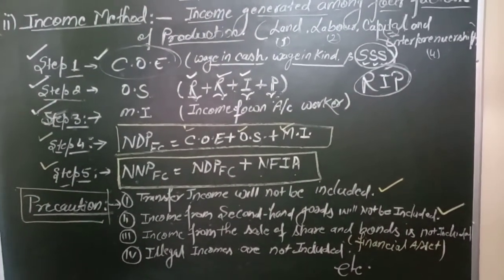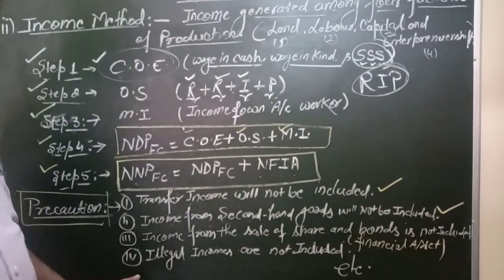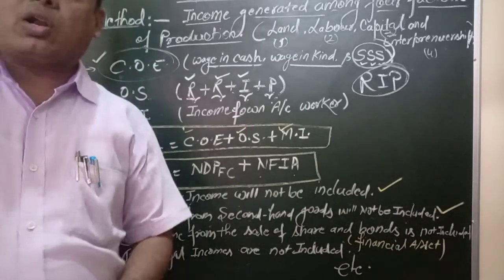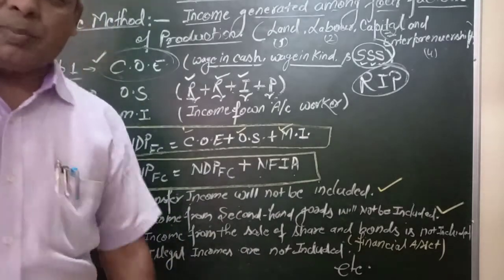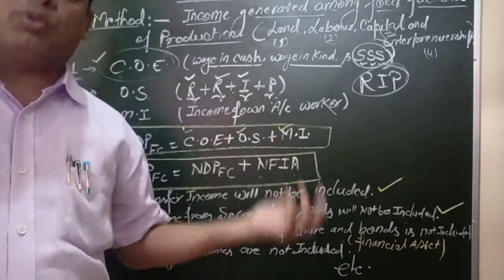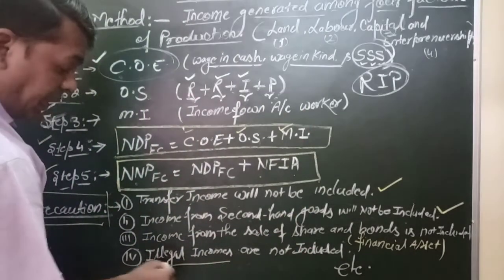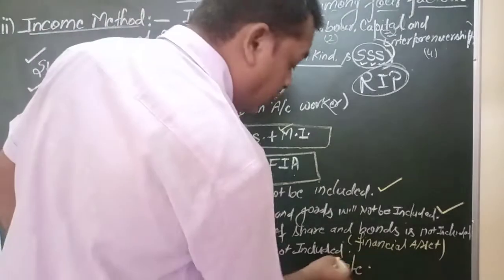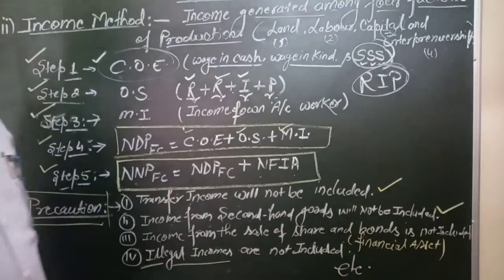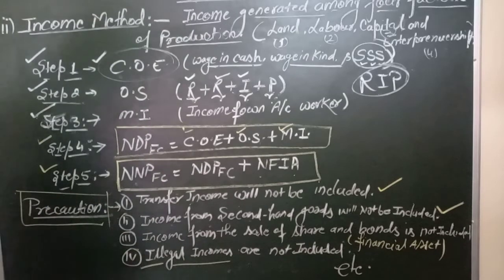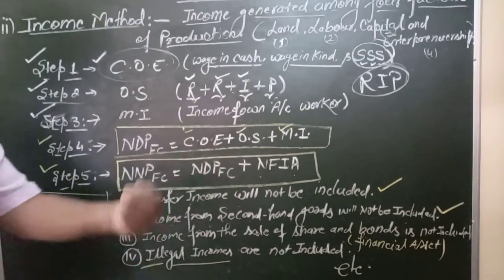Now the fourth one: income from illegal activities. हमने घूस ले लिया, हमारे पास इनकम हो गई बहुत ज़्यादा, but that income will not be added into the national income. Apart from that, the fifth one is windfall gains.